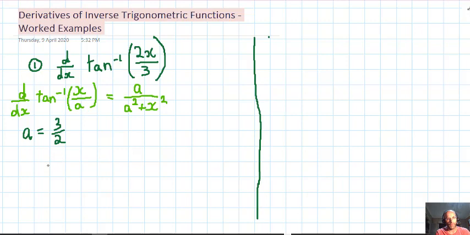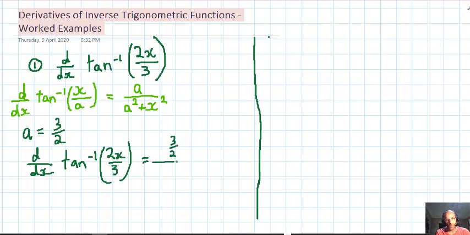And so we go and use the formula. So for a we have 3 on 2 over a squared, which is 9 on 4, plus x squared.